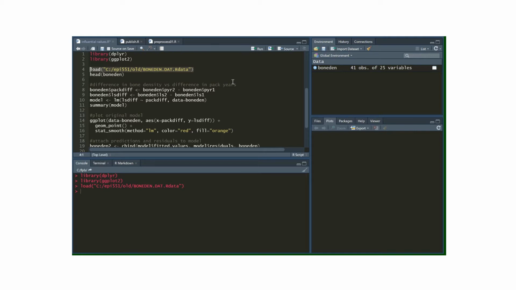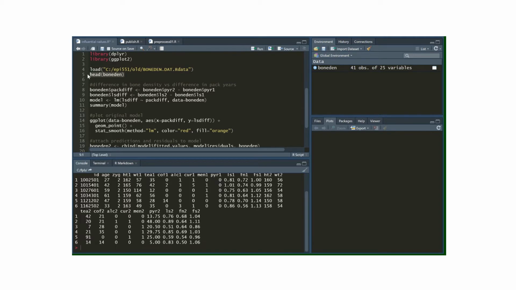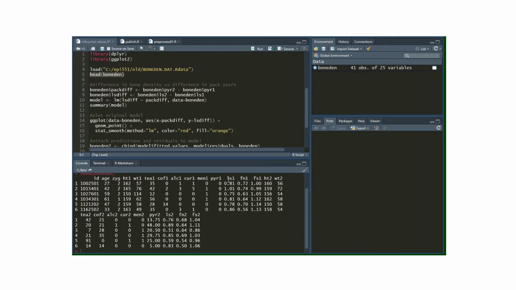But we're going to just look at bone density in the lumbar spine to be specific. And if we look at the data, we see there's a bunch of variables, but we're interested just in LS1 and LS2, which stands for lumbar spine. That's our bone density measurement between twin 1 and twin 2.